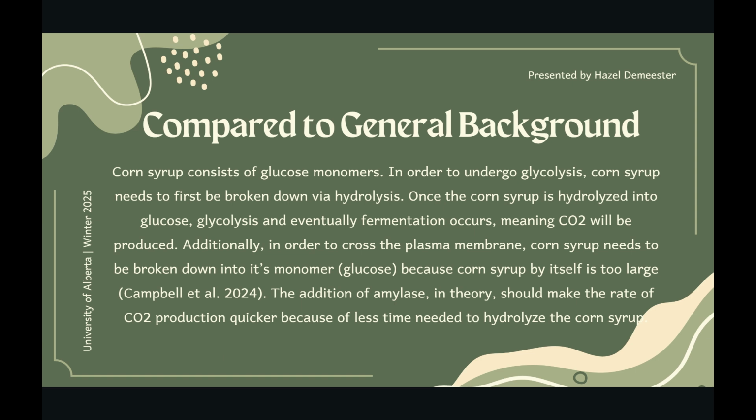However, my thought was that if you add additional amylase, then that additional enzyme will break down that glucose already, so the yeast cell does not need to, or it will lower the activation energy necessary to break those bonds, and so the yeast cell will not expend as much energy. As a result, the CO2 production rate would be quicker because less energy would be needed to hydrolyze the corn syrup because it's already had its activation energy lowered by the amylase.